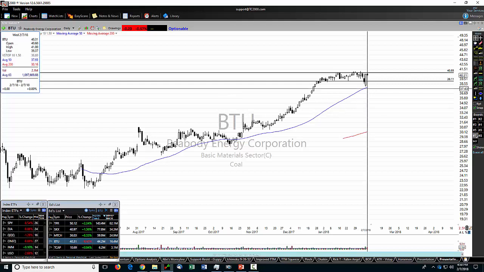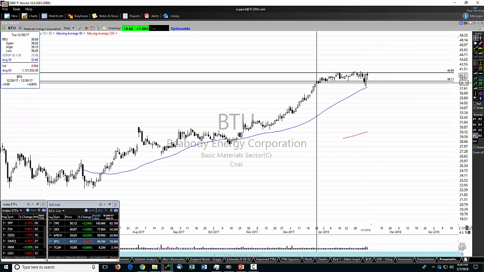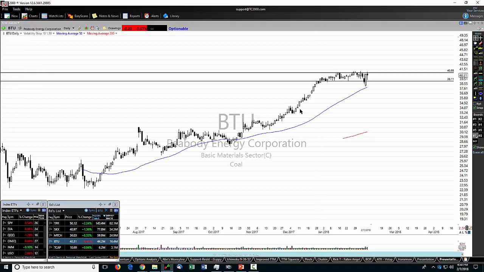The V-stop says that we're looking at 38.80, which would be right in here. So basically just a touch lower than what I drew. But let's work with my number for now.